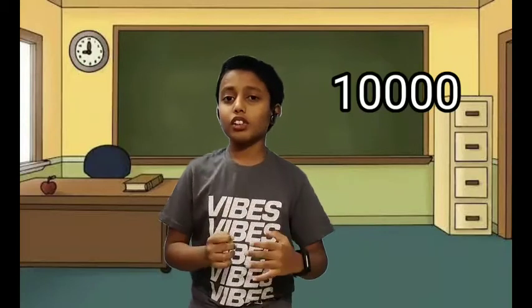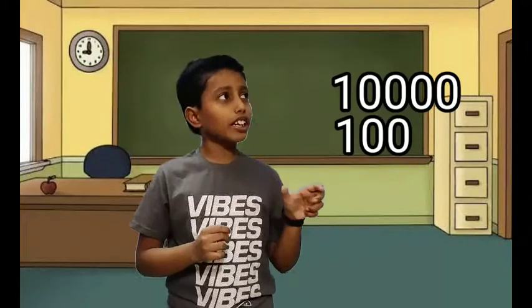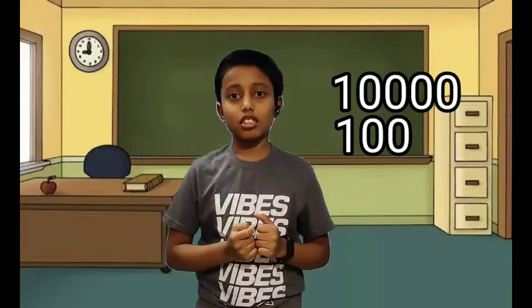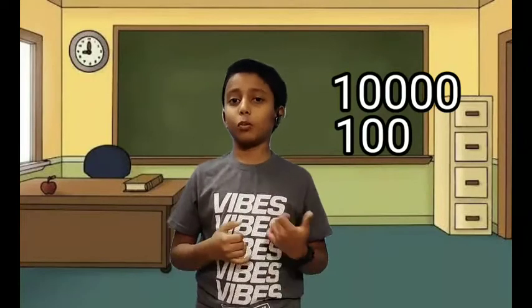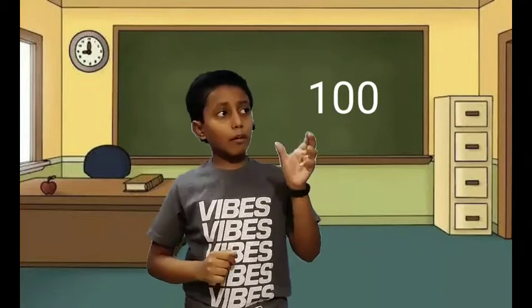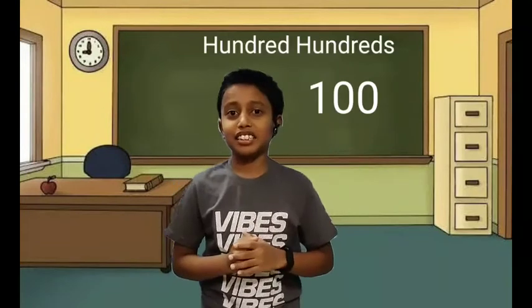Now, we take 100 and put it under the 10,000 and check how many incomplete zeros are there to be filled. There are 2 incomplete zeros. So 1 followed by 2 zeros is another 100. We should put another 100 there, and then it will be 100 hundreds. So this means 10,000 is also 100 hundreds.